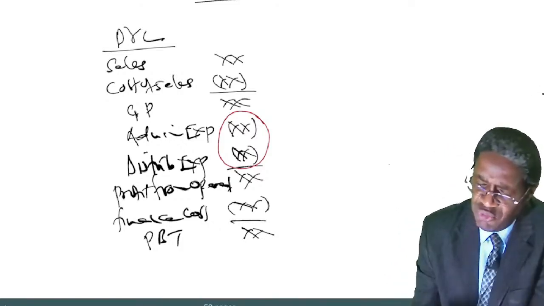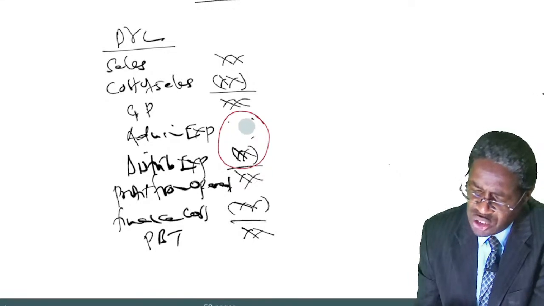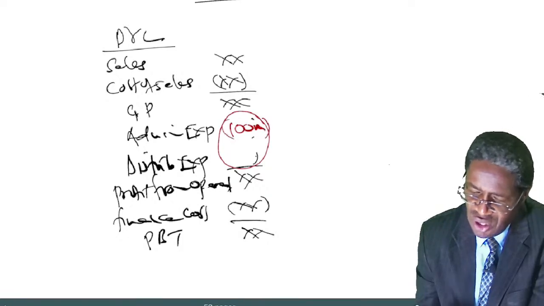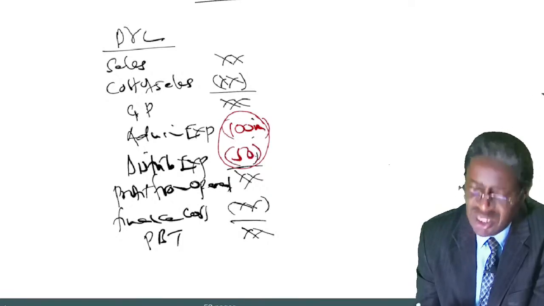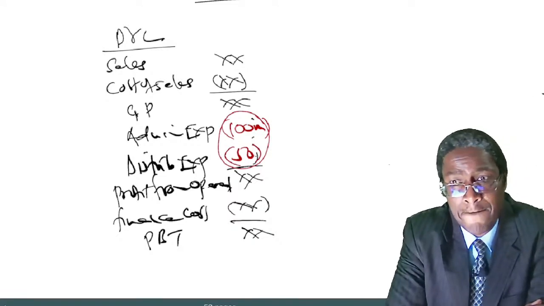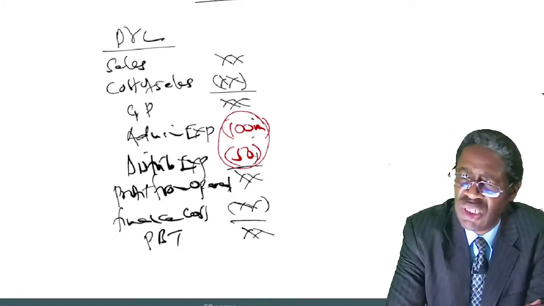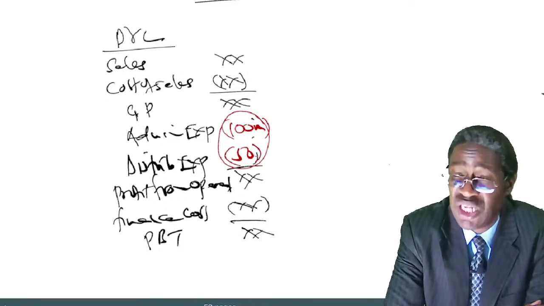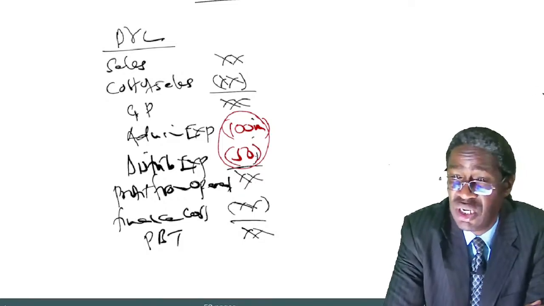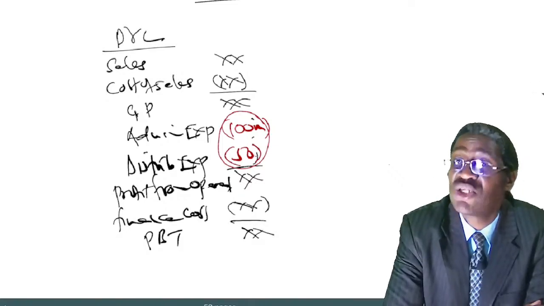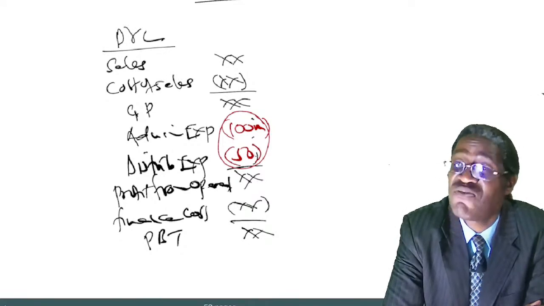Let me assume for now that from the question, your admin expenses are given as 100 million, while your distribution expenses are given as 50 million. So in total, you actually charged your P&L account with total expenses amounting to 150 million.